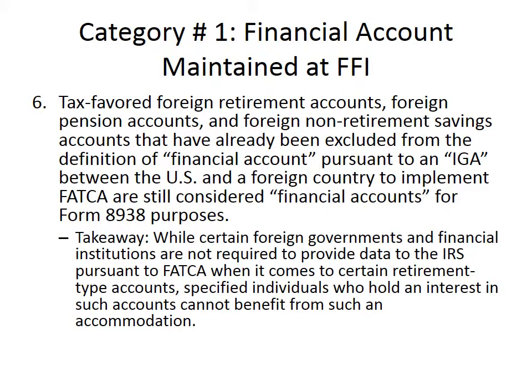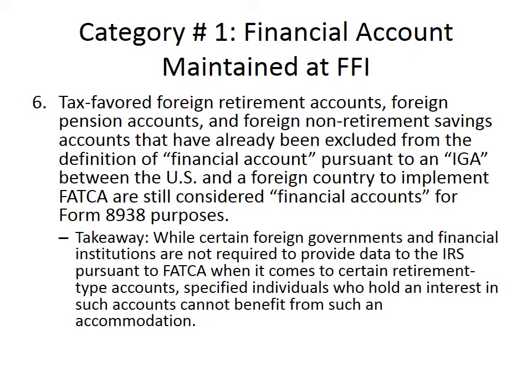The caveat here with foreign non-retirement savings accounts, as well as the other retirement accounts that are mentioned above, is that even if they have already been excluded from the definition of financial account pursuant to an intergovernmental agreement between the U.S. and a foreign country to implement FATCA, they're still considered financial accounts for Form 8938 purposes.